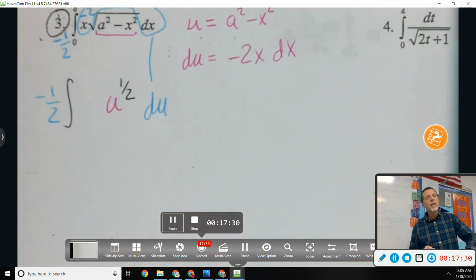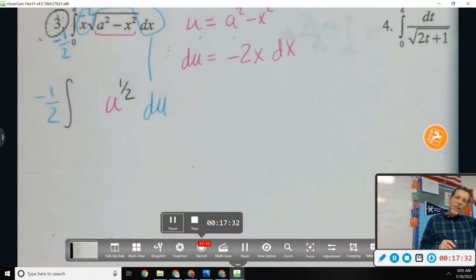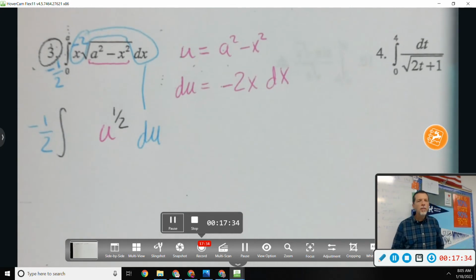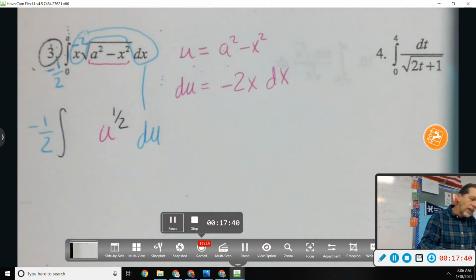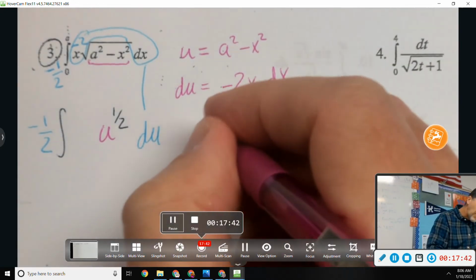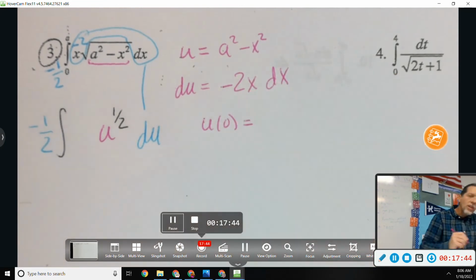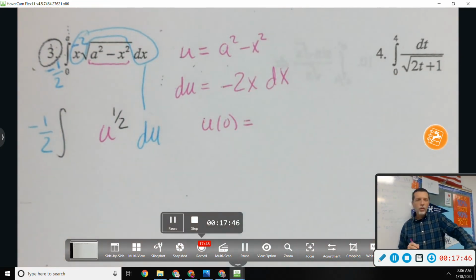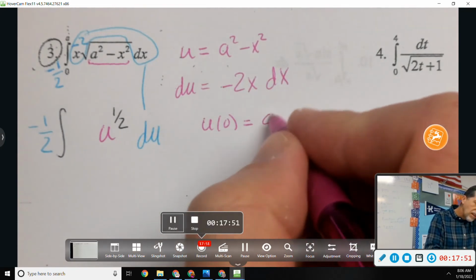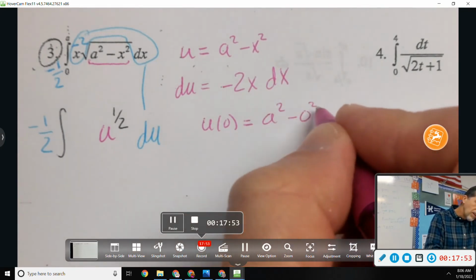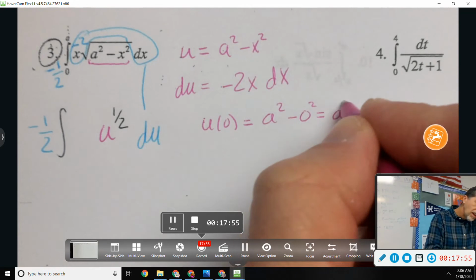But don't put 0 to a in there. 0 to a is x values. I need to change those to u values. So I need to find u when I plug in 0 and u when I plug in a. So when I plug in 0, I get a squared.